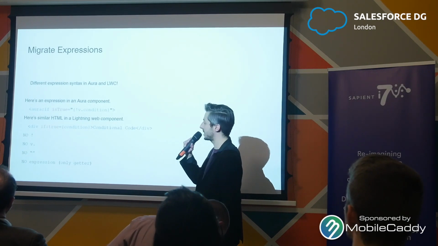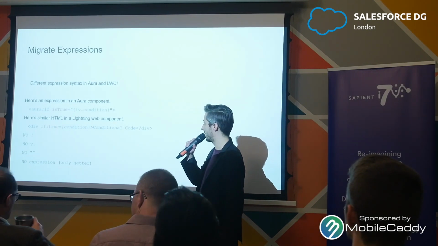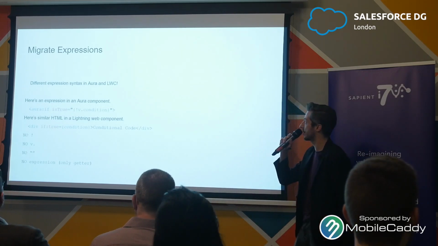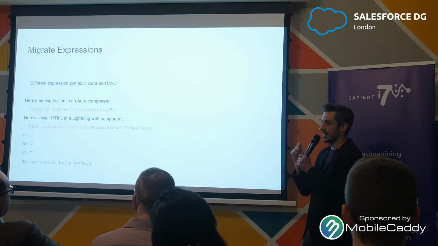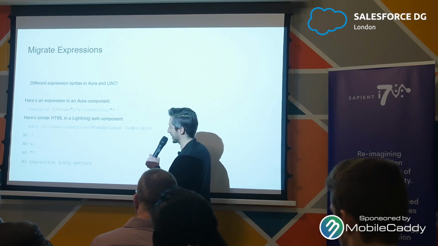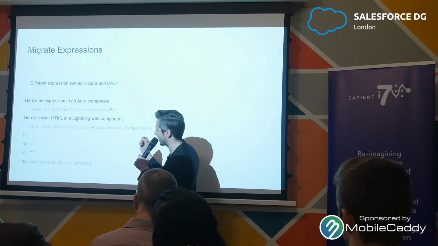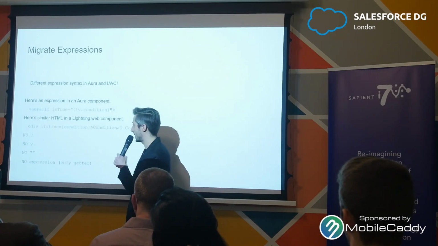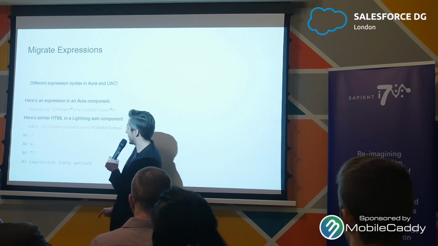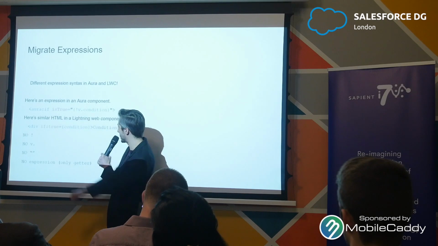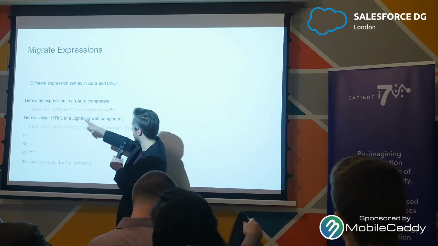Okay, so this is just to insist on the small stuff in the migration effort. It's the small characters that will take you more time, but as you can see, it's slightly different. First, we forget about this aura:if non-HTML tag. Then the syntax is a little bit different: we don't have the colon, and we don't have the exclamation mark.